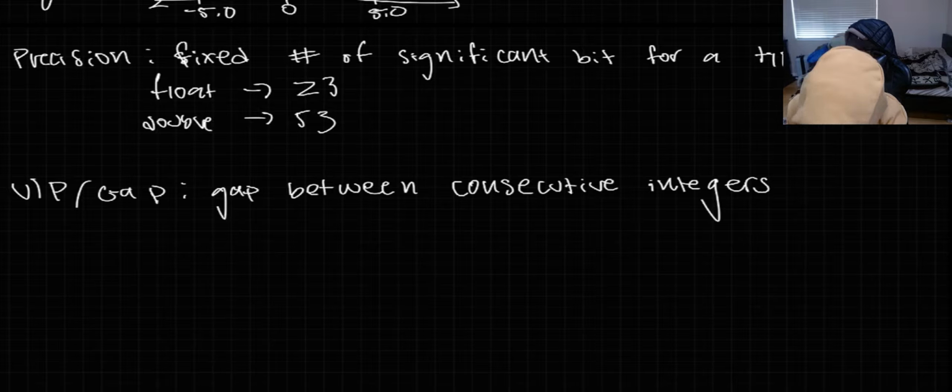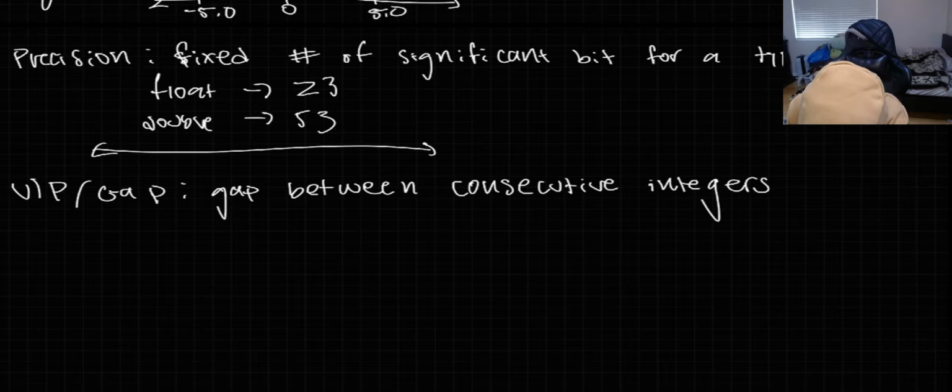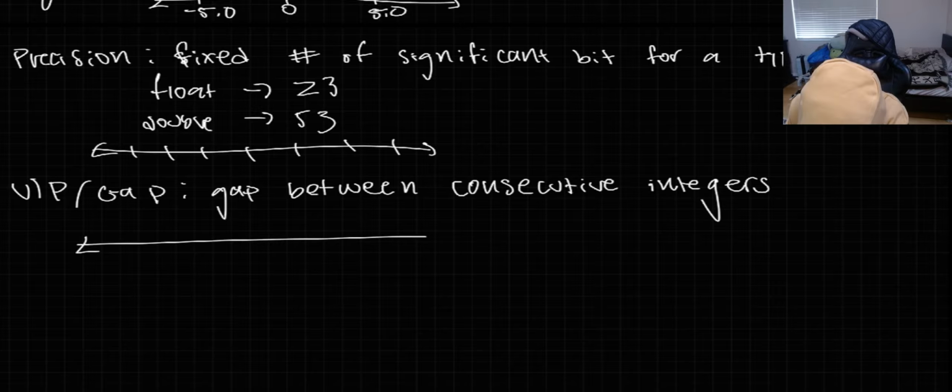And you can think of this as the spacing between each tick. So let's go back to the precision example. Let's say we have a number line. The precision is the number of ticks on a number line. And then the ULP would be the spacing between each tick. So at some point, the spacing would become even larger.